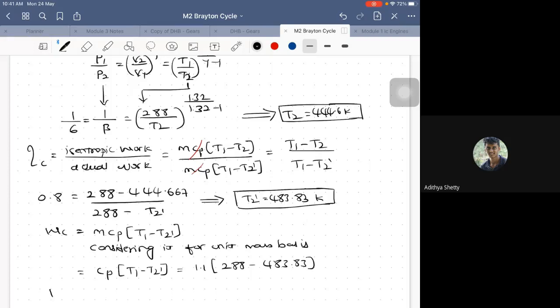So from this, whatever value you get, it would be in kilojoules per kg.